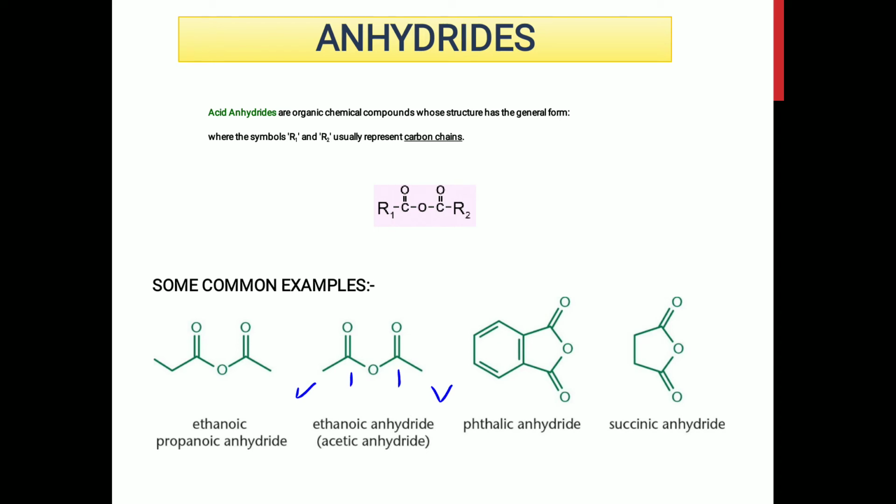Then in the third structure, there is an aromatic benzene ring connected to the cyclopentane ring, whereas the anhydride group is connected. So this is named phthalic anhydride. And the fourth structure is succinic anhydride, since 4 carbons are present in the ring. So I hope you understand anhydrides.